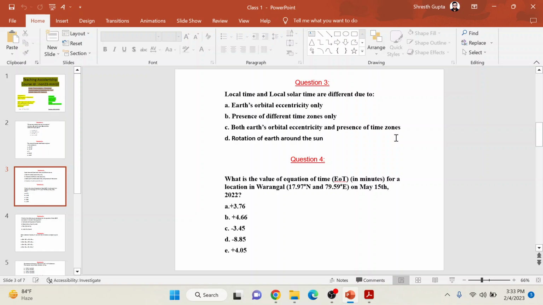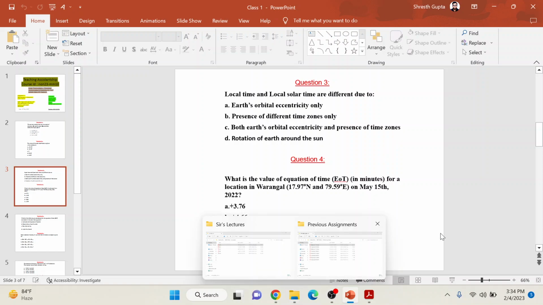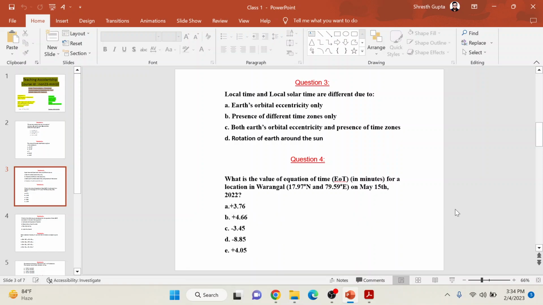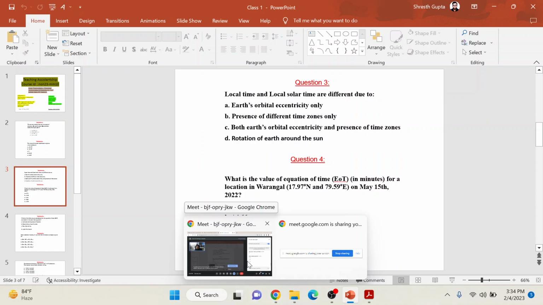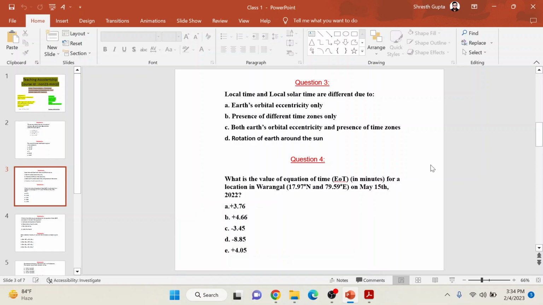Try to solve this question. The day is, I think, 135. Sir, 3.76. The value of B is 133.15. 3.76. Okay. Who is this? Sir, Suraj. Suraj. Okay. Others try to answer.